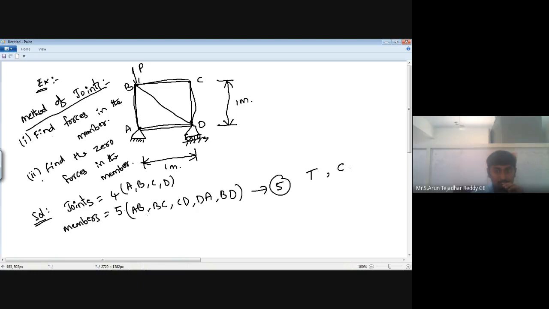And the second question: find the zero force members. Can anyone tell me, among these 5 members, which are the zero force members in this diagram, and why?